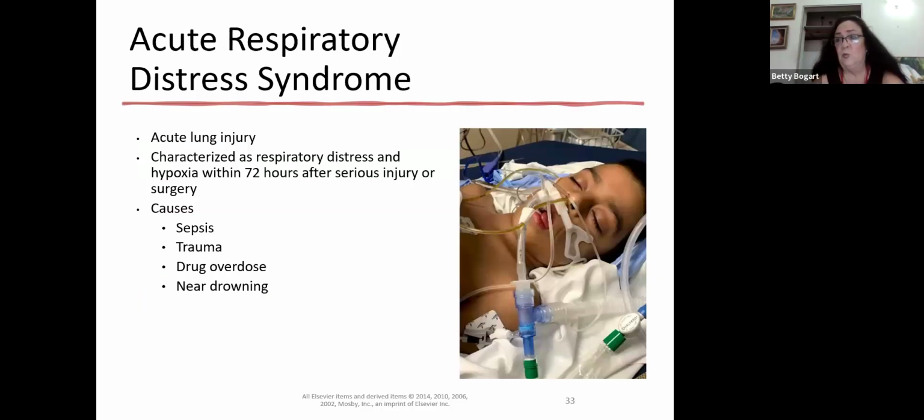Now, the lungs, when they're injured, sometimes don't show how badly they're injured until about 3 days later. It can be caused by sepsis, trauma, drug overdose, or near drowning. But let me explain it to you using near drowning. You have a child who you found in the pool underneath, and they were out.